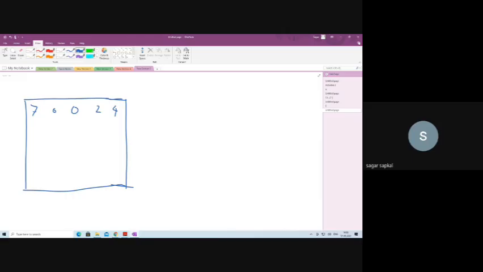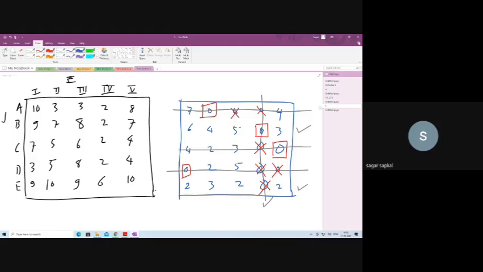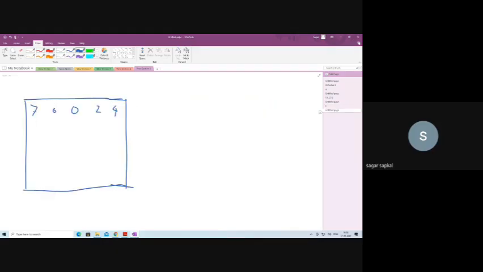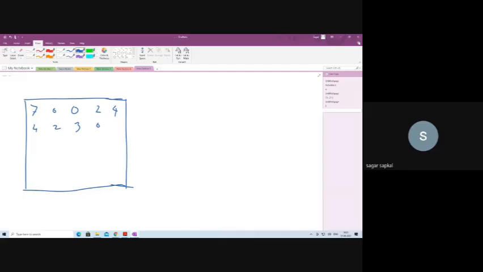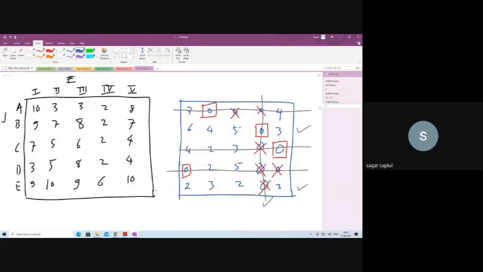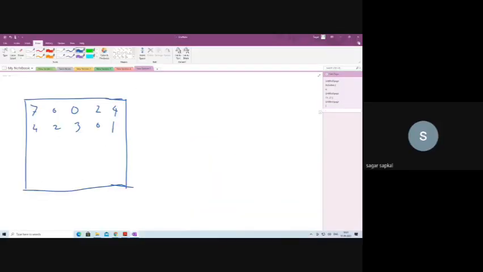लक्षात आलं कसं आलं? Second row 4 2 3, then intersection is there, 2 no intersection is there, then 0 will remain as this, 0 1. Next row 4 2 3 2 0.